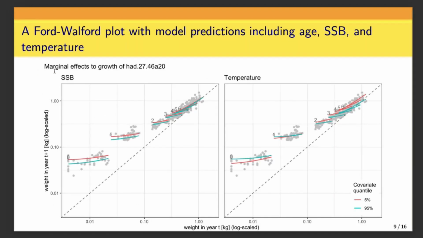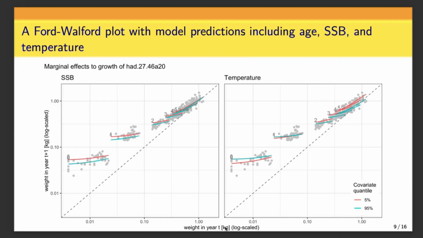Okay, so here's another Ford-Walford plot with some model predictions that included age and SSB and temperature in the model. And so each of these little groupings is an age class. Here we have age 0, and age 1 and age 2. And as they get larger, the age classes sort of blur together.